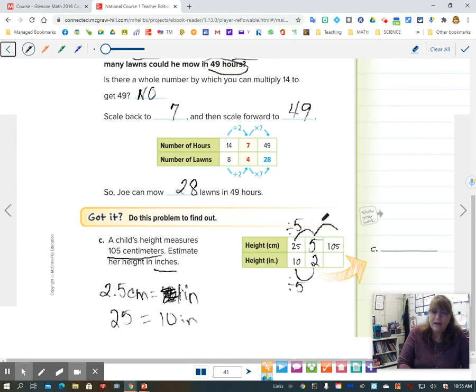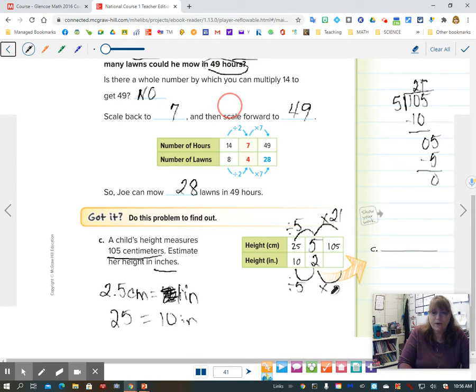Now, 5 times what is 105? I can do 105 divided by 5 to find that out. 5 goes into 10 twice, which is 10. Bring down the 5. 5 times 1 is 5. Okay, so 21 is what I'm going to take it times. 5 times 21 is 105.